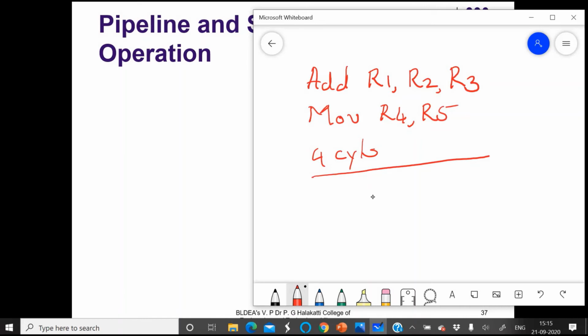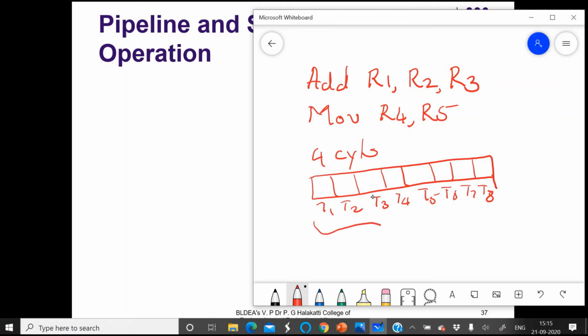The normal sequential execution would look like this, wherein I am trying to show 4 cycles here and 4 cycles here. That is, T1, T2, T3, T4, T5, T6, T7 and T8.